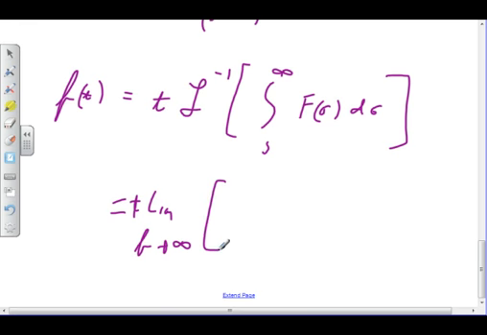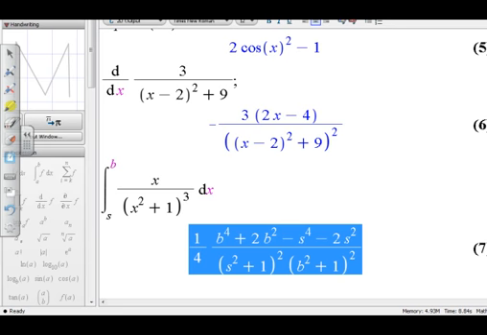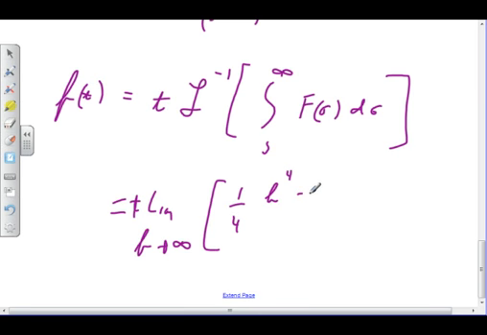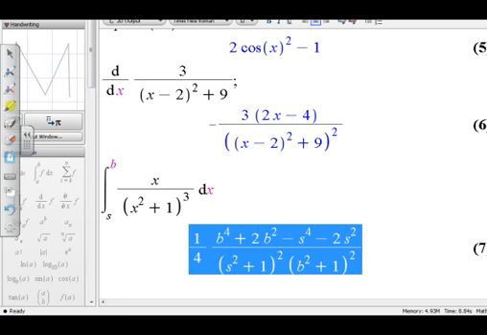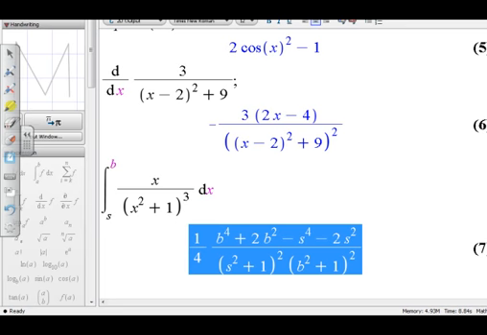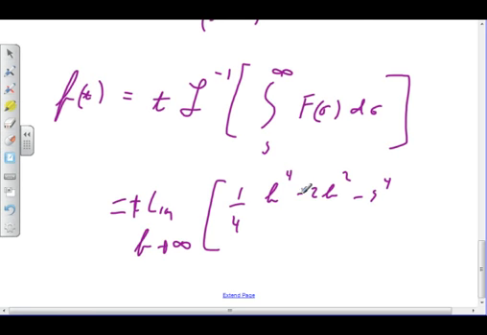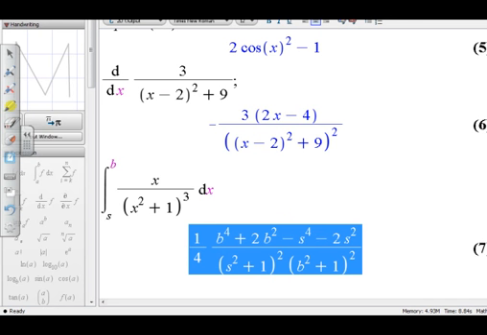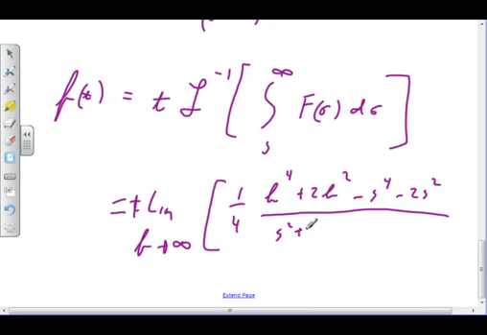The limit as b goes to infinity of 1/4 b to the 4th minus 2b squared minus s to the 4th minus 2s squared, divided by s squared plus 1 squared, b squared plus 1 squared.